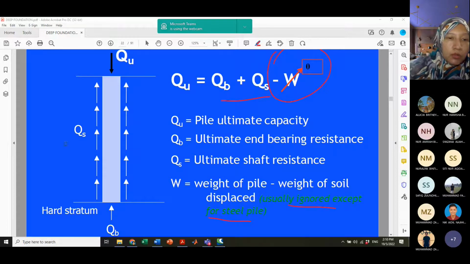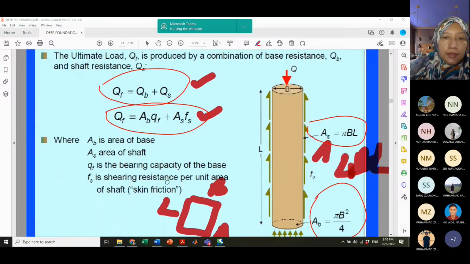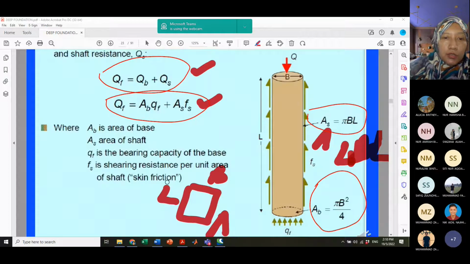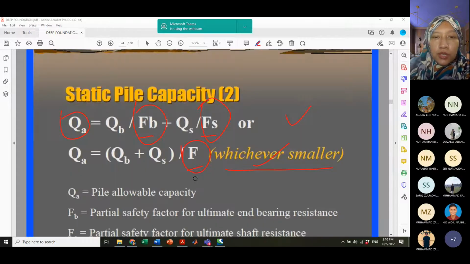You will see later what we call negative skin friction, which we will explain later. This is a similar explanation of the first concept, the formula from the static approach.